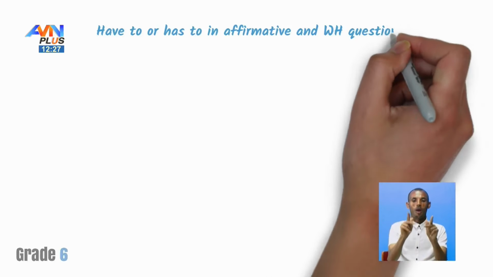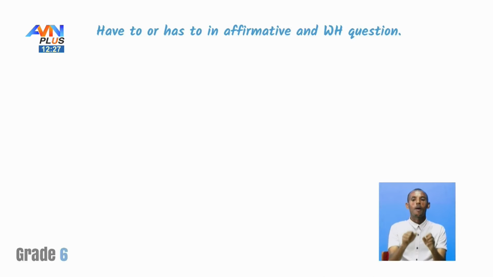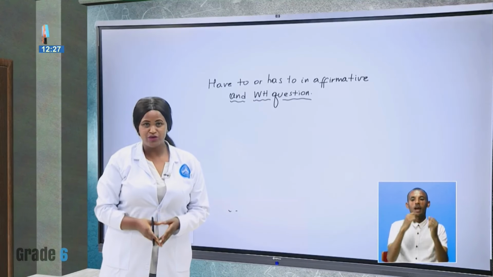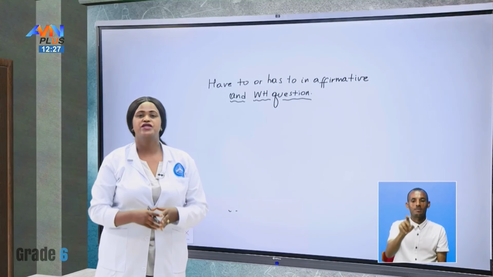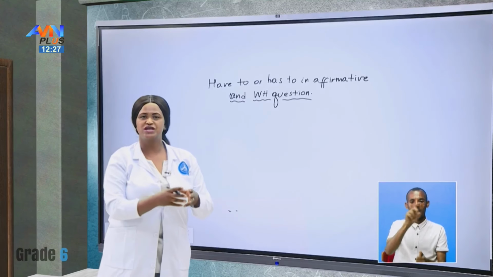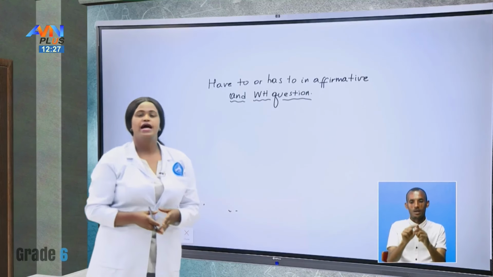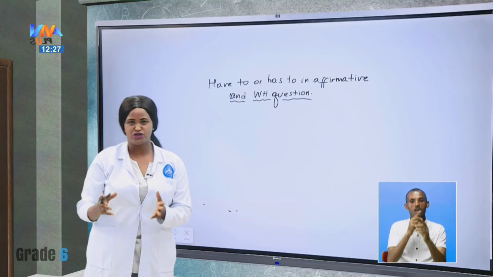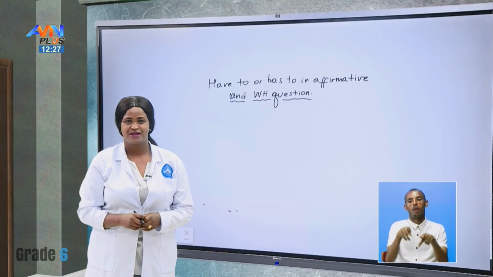Okay, so before we directly go to our today's lesson, can you tell me the WH questions? Which are the words that help us to construct a WH question? Please try to tell your answers to your parents or people around you. Good.